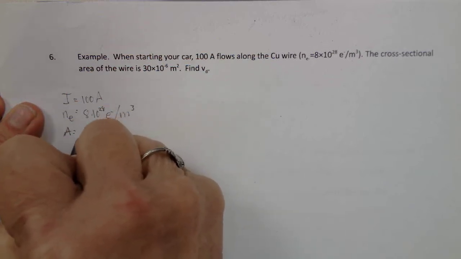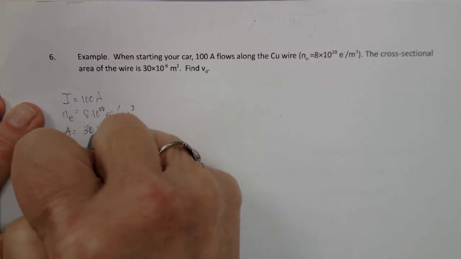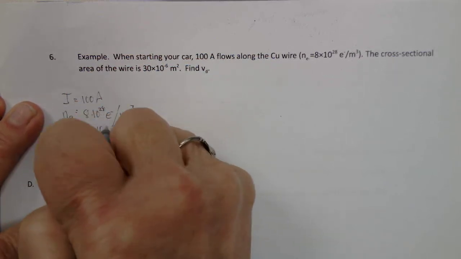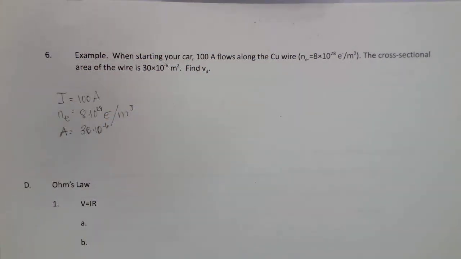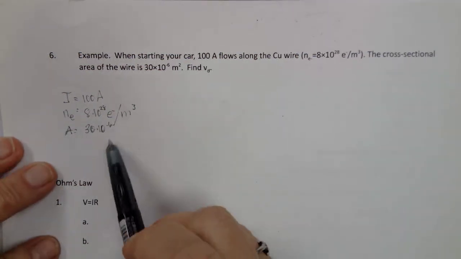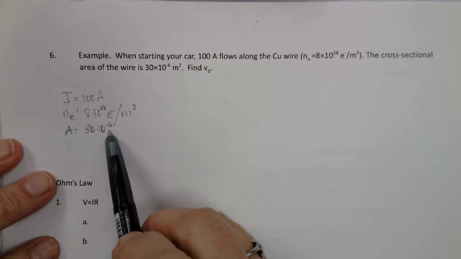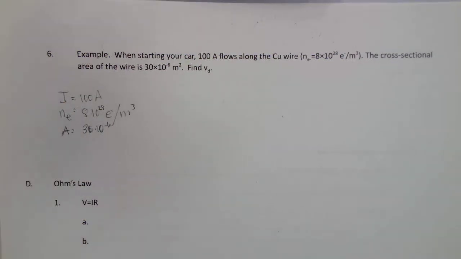It is 30 times 10 to the negative 6. And we've talked in the past about why they don't use proper scientific notation for these. Why not make it 3 times 10 to the negative 5? It's customary, especially in physics, to try to leave things in powers of 10 that translate well to the prefixes.